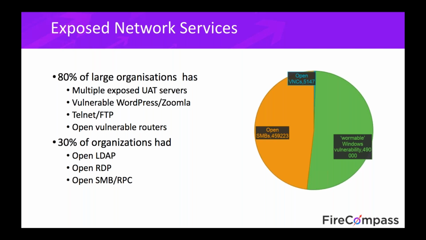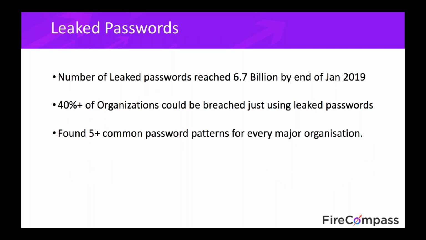It's very common where they have even production keys in pre-production systems, and these pre-production systems are rarely tested, right? So hackers very frequently try to find out this pre-production system, attack those, and steal production data. Leaked passwords, more than 6.7 billion leaked passwords were there.